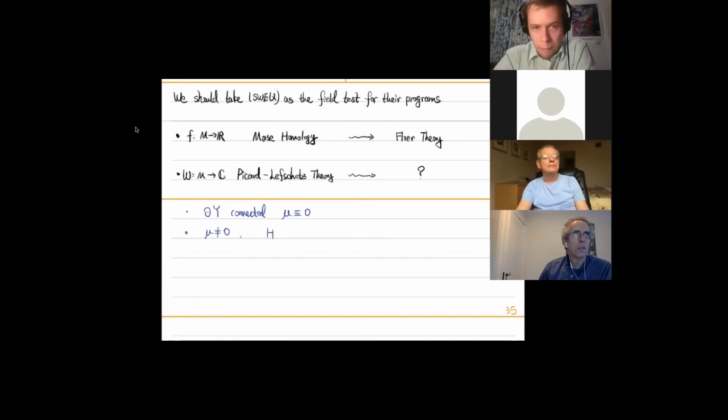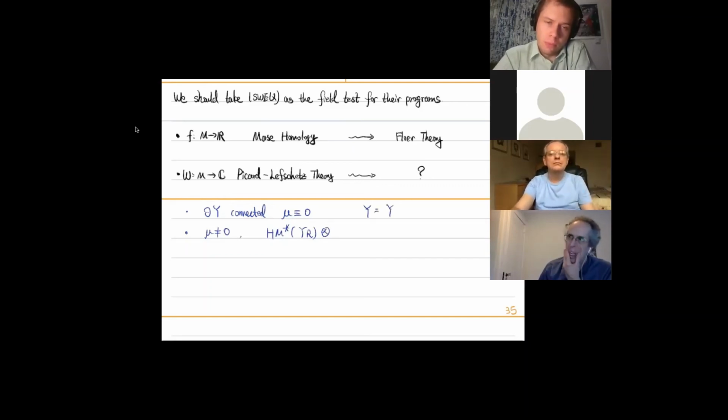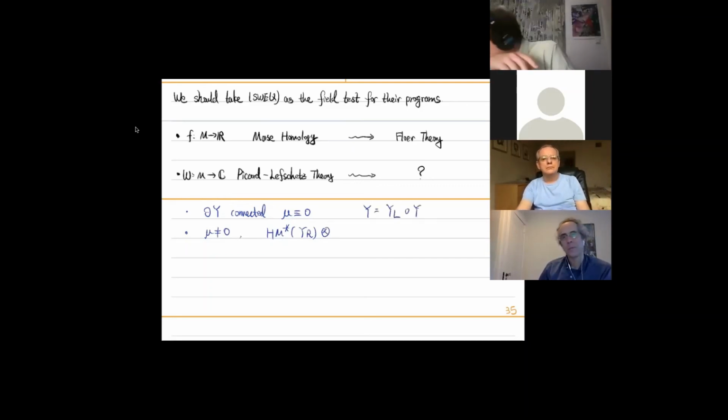So let's say Y can be recovered as the composition of Y_L and Y_R, and our gluing result is saying that the monopole Floer homology of Y can be recovered as this tensor product.